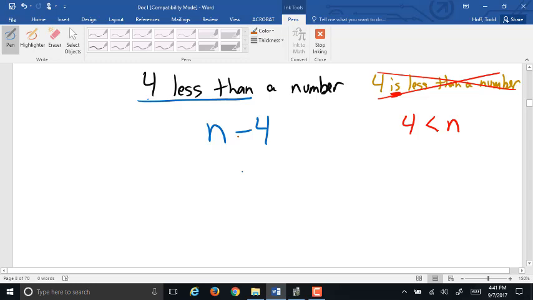Well, other phrases that might express n minus 4: a number reduced by 4. Anybody think of any others?